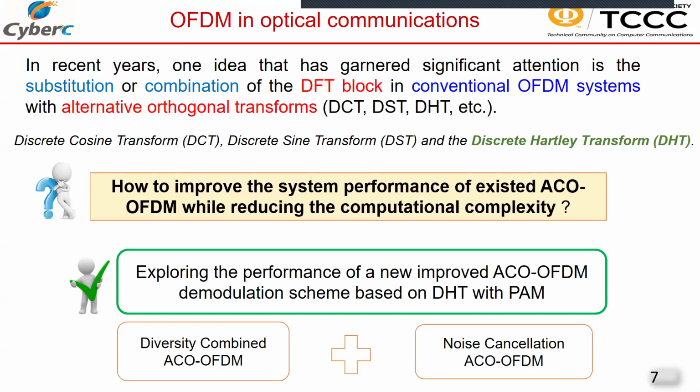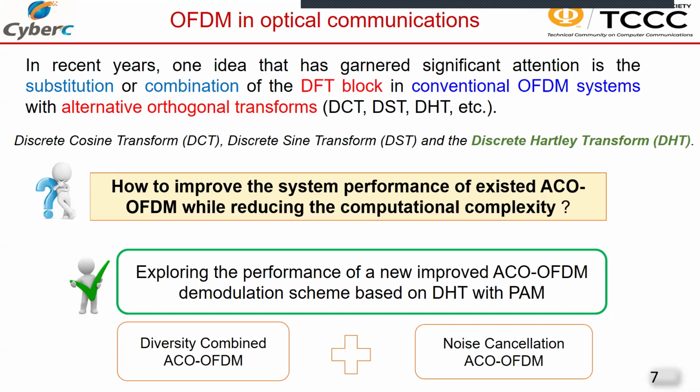Furthermore, the DHT and its inverse share an identical kernel, allowing for the use of the same circuitry in both the transmitter and receiver. This interesting property has received great attention in the literature and in our work.